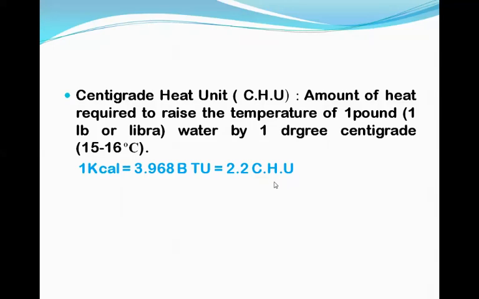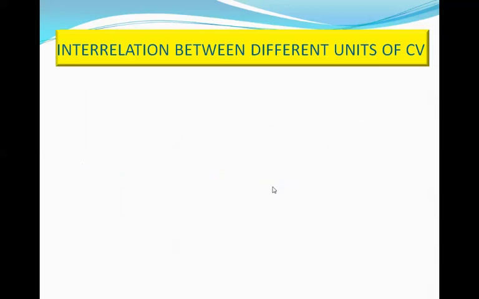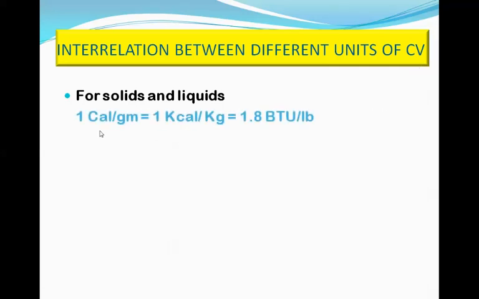Now, the heat given per unit volume or per unit mass is known as calorific value, and there exists a relationship between the different units of calorific value. These relationships are for solids and liquids. Since the calorific value is expressed per unit mass, 1 calorie per gram is equal to 1 kilocalorie per kg of the substance and 1.8 BTU per lb.